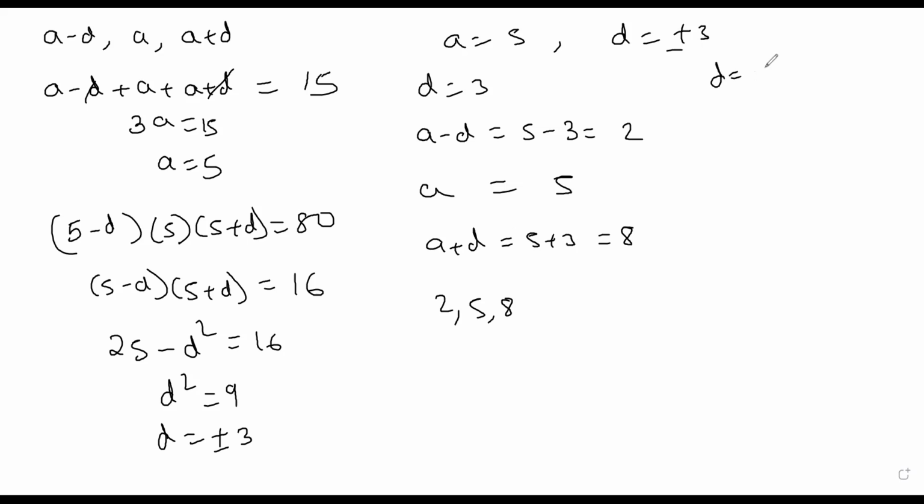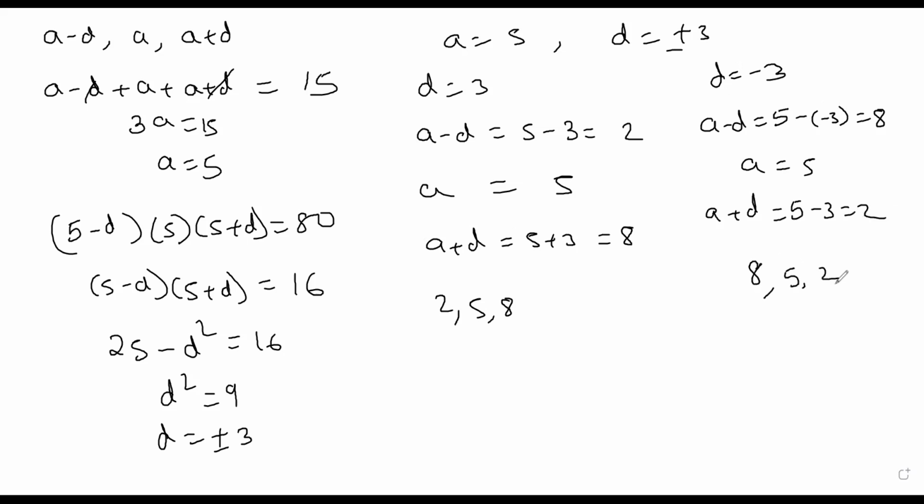Or when D is equal to minus 3, it is A minus D, that is 5 minus of minus 3, that will become 8; A, that is 5; A plus D, that is 5 minus 3, which will become 2. So it is 8, 5 and 2. So these are your numbers.